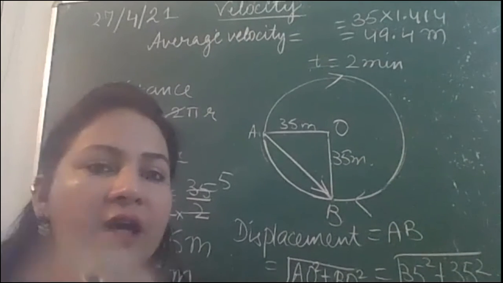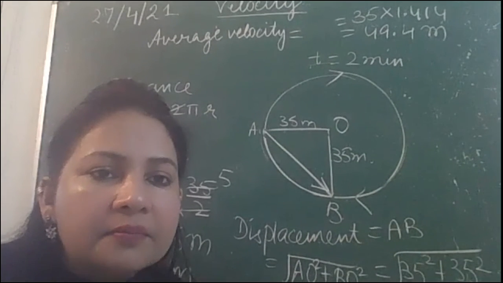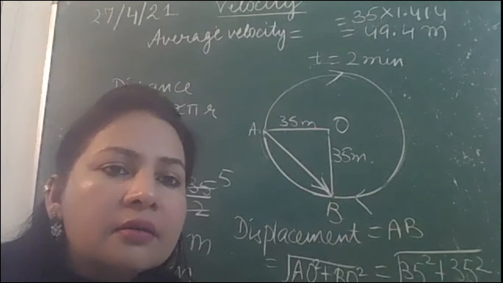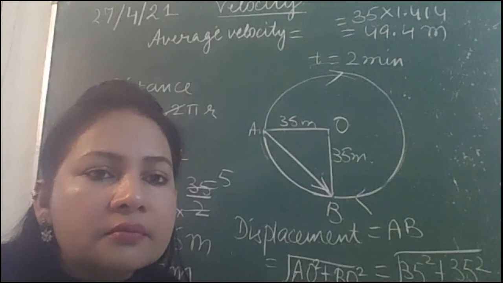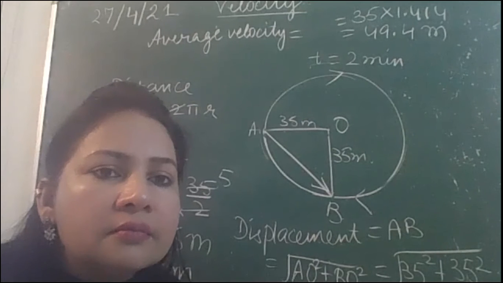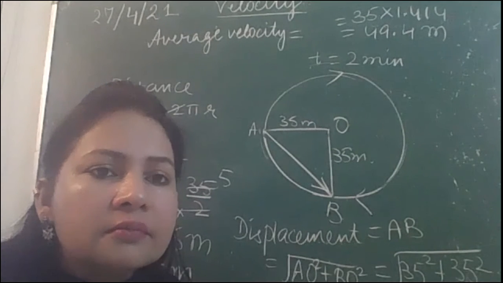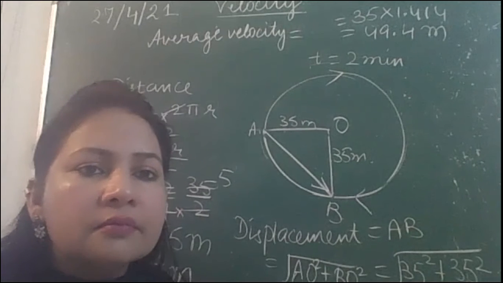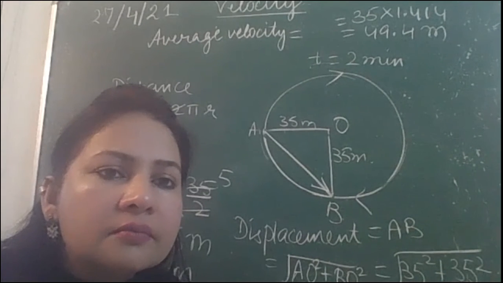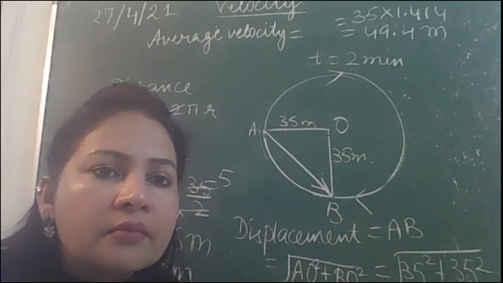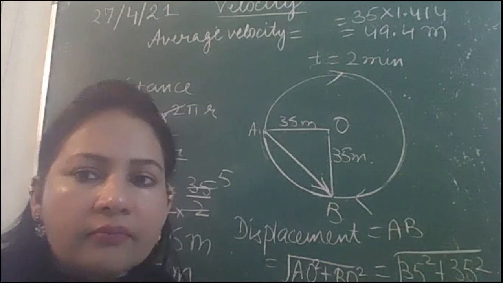Now without reading, repeat the statement again. If a body covers unequal distances in equal intervals of time or equal distances in unequal intervals of time, however small may be the intervals, is called non-uniform speed. Motion of bike in city or busy roads.